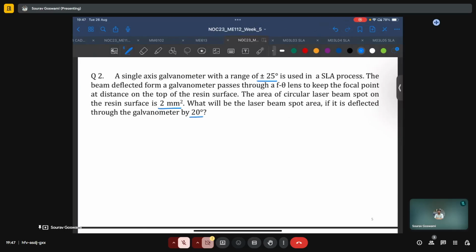So in this case, let the original spot area be A naught.